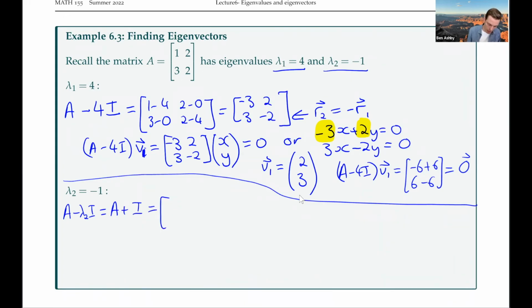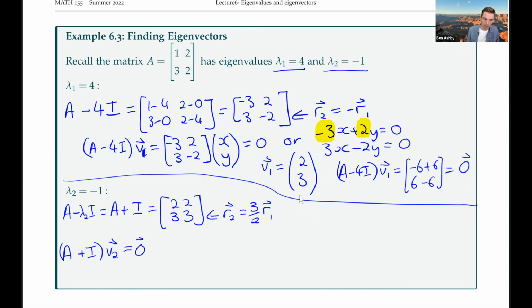So that's going to be equal to 2, 2, 3, 3. And again, here we see that this second row is a multiple, in fact 3 over 2 times the first row. So we always end up in a case like this where one of our rows is a multiple of the other row.